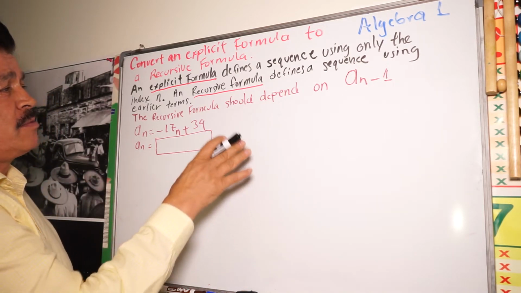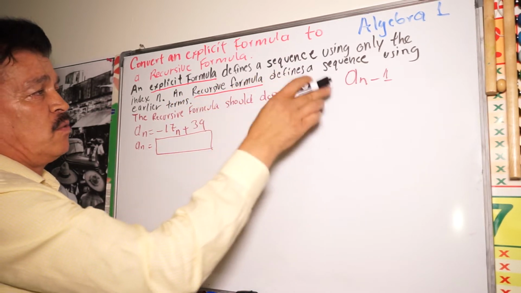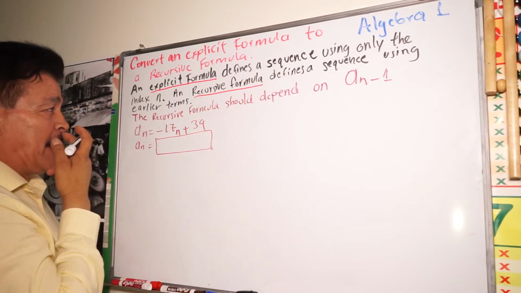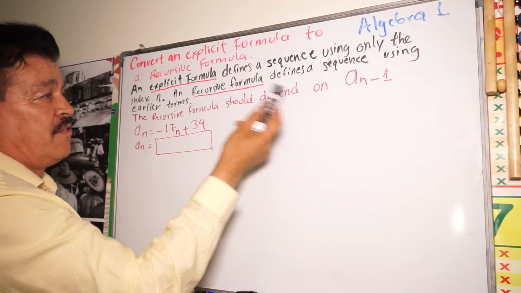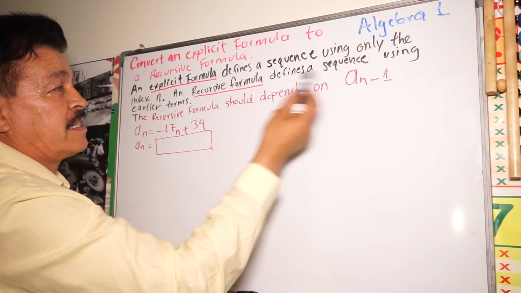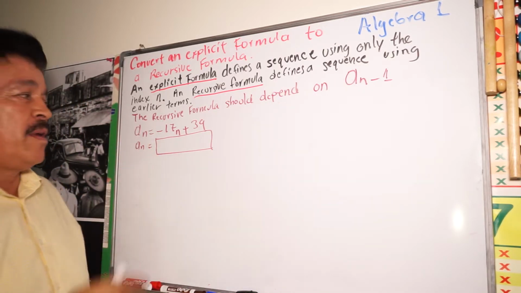Some background: an explicit formula defines a sequence using only the index n, and a recursive formula defines a sequence using earlier terms. We have a problem here.